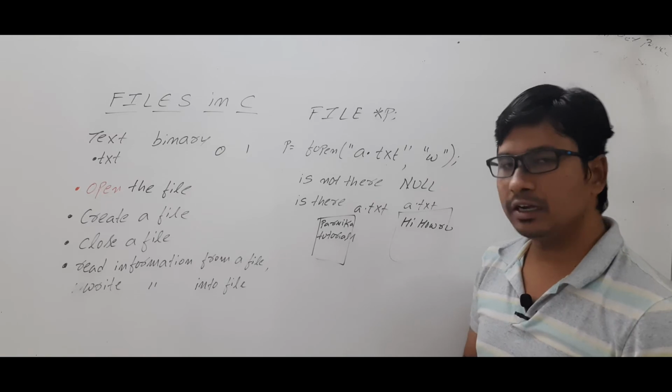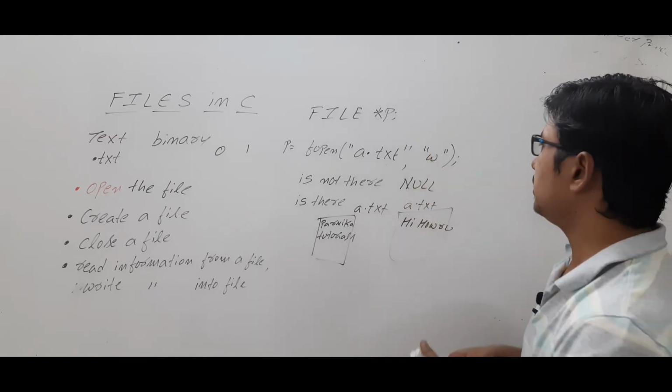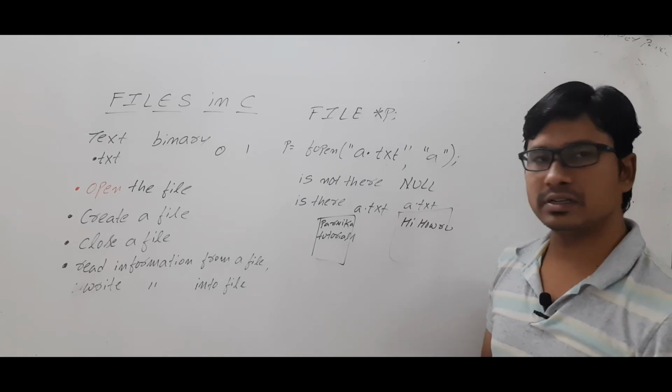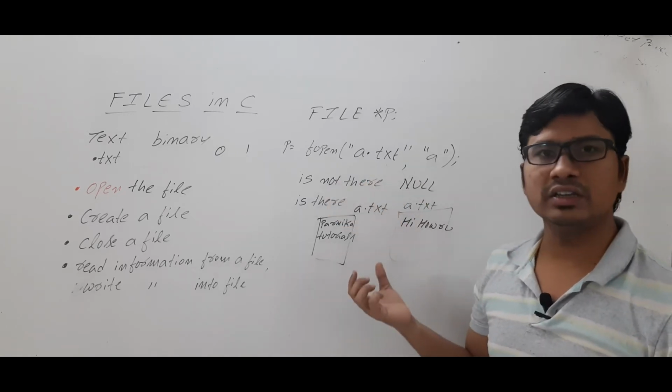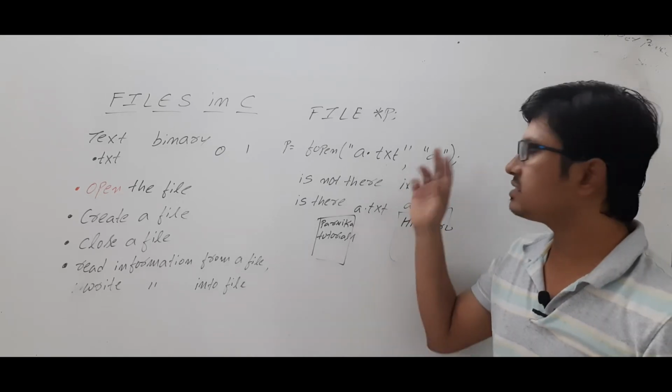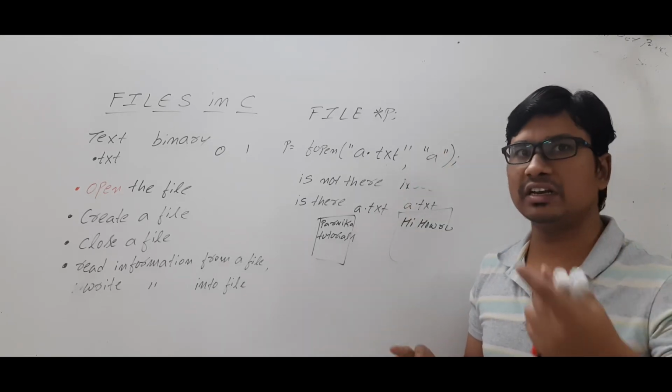If it is append mode, then you have to specify a here. Then if the file is not there, it will create the file and open it, same as in the write mode. But in the read mode, it will return the value null.